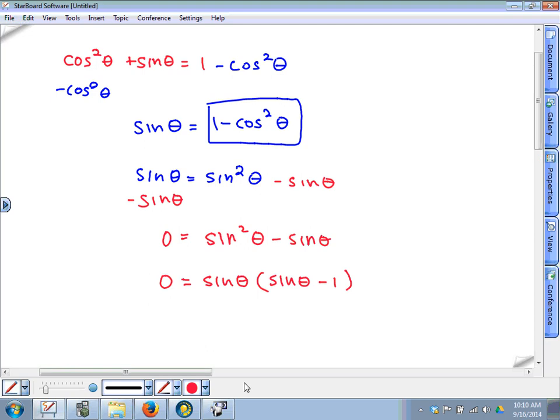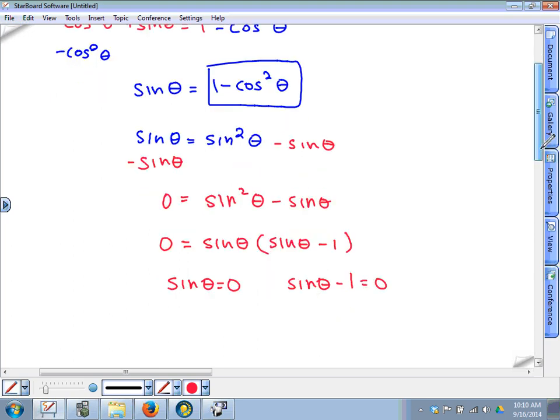So sine theta equals 0, and sine theta minus 1 equals 0. Over here, you have the sine of theta equals 1, really. Now we've taken a very complicated equation and broken it down into two very simple equations.